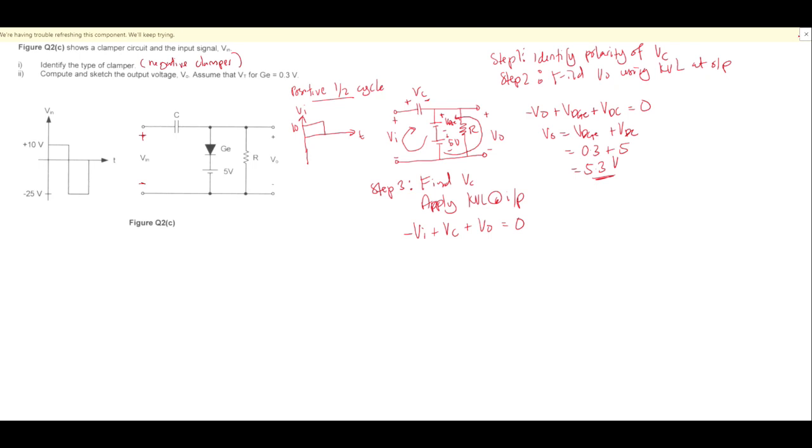We already know the value for Vout is 5.3 volt. Since this branch and this branch are parallel, the value for the voltage is the same. So kat sini semua sama, 5.3, here also 5.3. So next, you need to find the VC. VC equals Vi minus Vout.